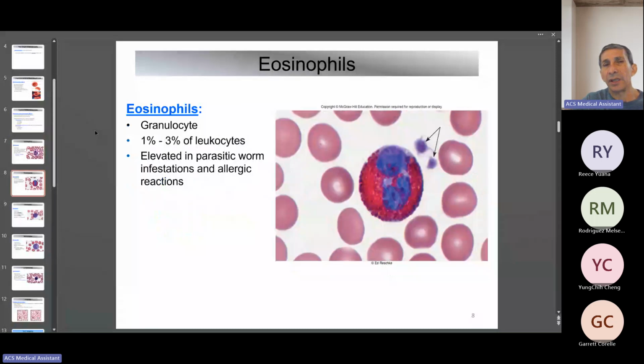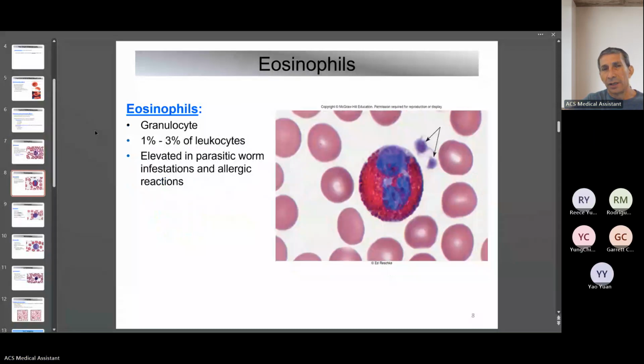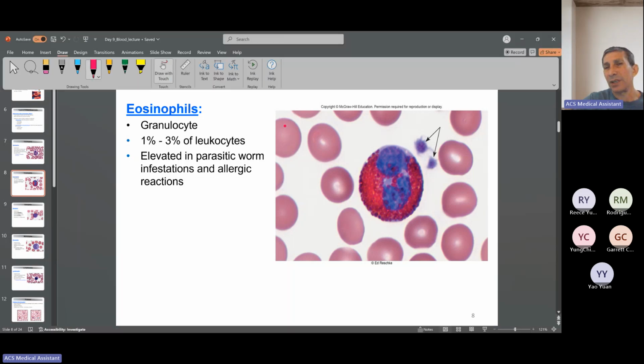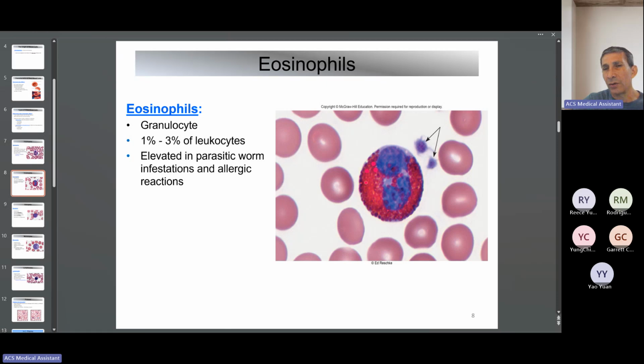Let's go to the eosinophils. The eosinophils are granulocytes. If you look at this picture, look at all these granules. This cytoplasm doesn't look nice and soft like the red blood cell.